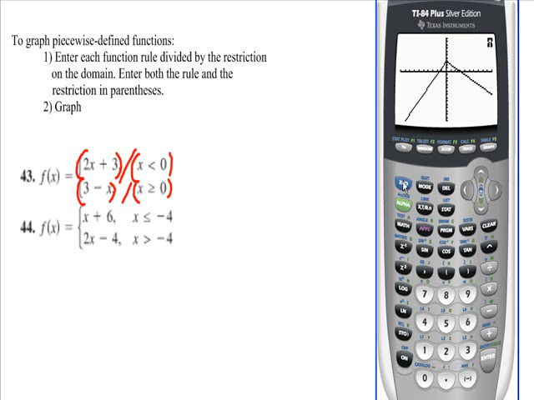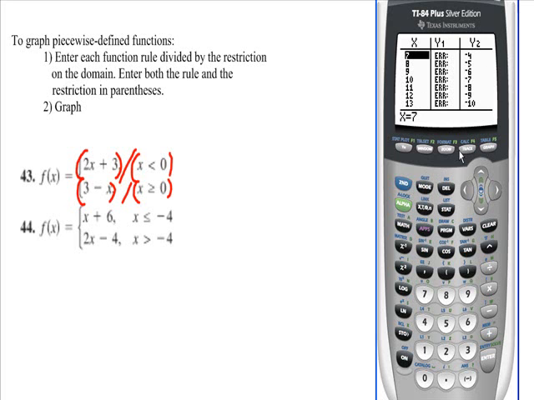Now it's interesting if you look at the table for just a moment, 2nd Graph. Notice how there's an error in part of those, and that's because one piece is not defined for everything. The first rule, y1, is only defined for values of x less than 0. So you see a y1 entry for those values of x less than 0, but an error in y2 because y2 is not defined there. y2 is only defined for values of x greater than or equal to 0, so you see the y2 values coming into play, but y1 has an error because it's not defined.